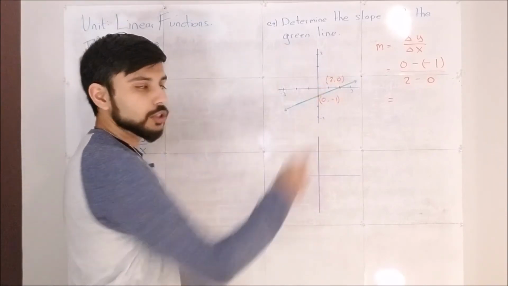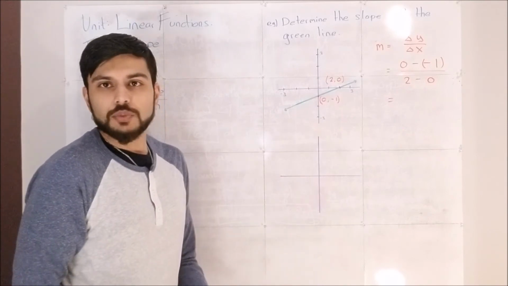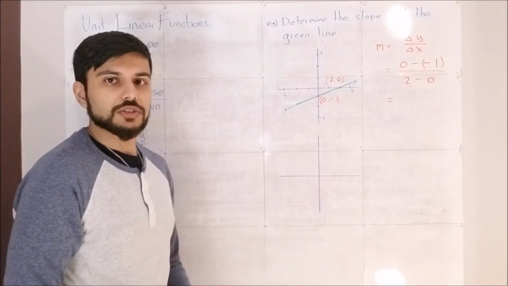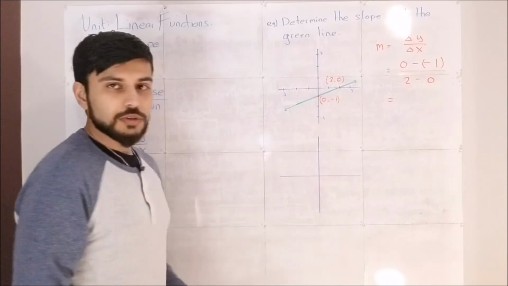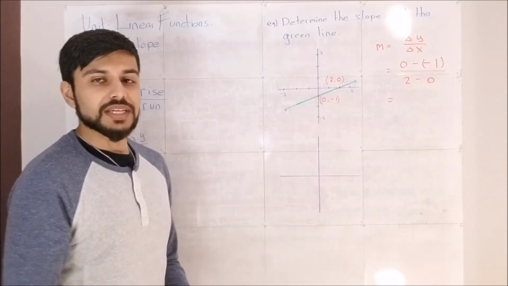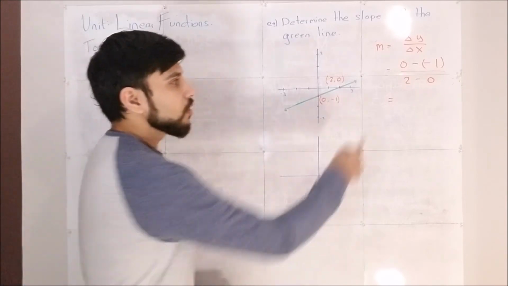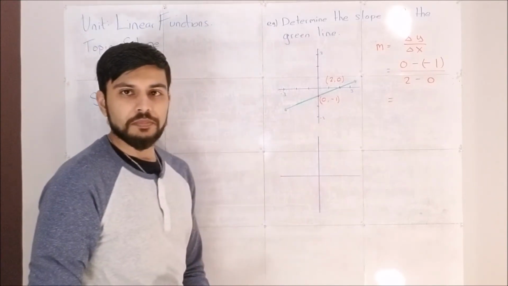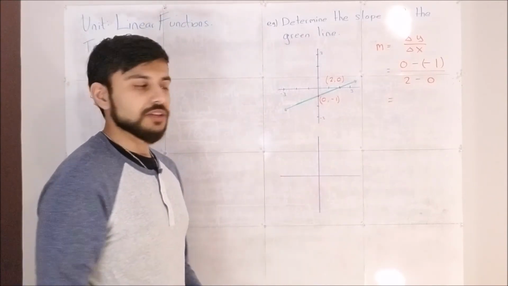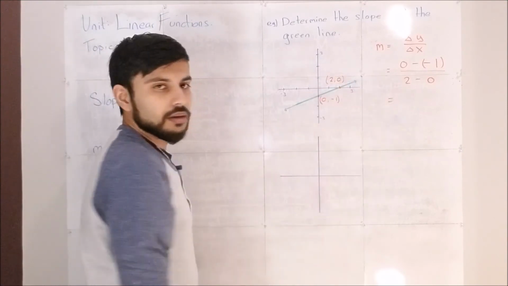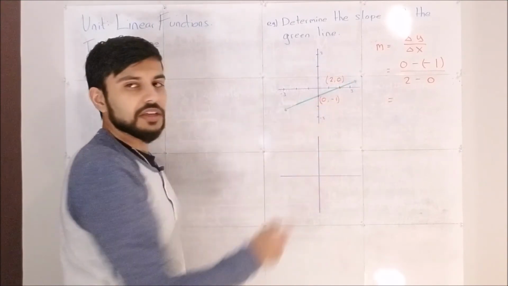I've chosen 0 to be my first one. It doesn't matter which one you choose to be first, you get the same answer either way. So I've chosen 0 first, minus my second y value, which is -1. So I have 0 minus -1. And I did the same math for my x values: 2 minus my other x value, which is 0.